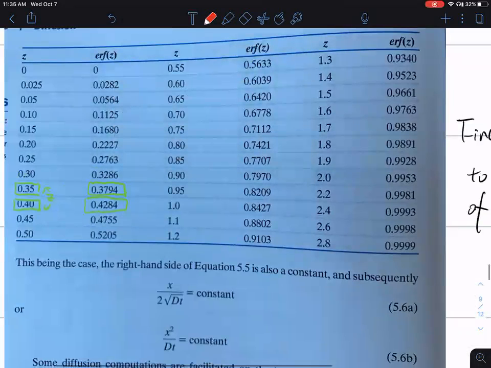So now our ERF of Z equals 0.8999. I want you to do an estimation for Z. Use interpolation.